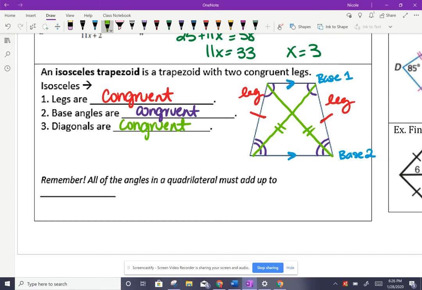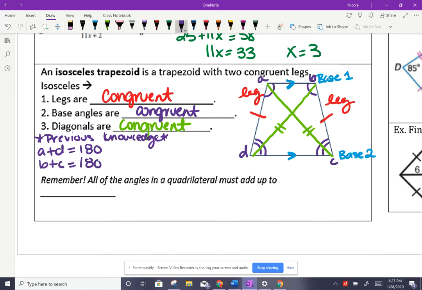So if I go around and rename my angles, I've got A, B, C, and D. Previous knowledge is that A plus D would equal 180 and B plus C would equal 180.